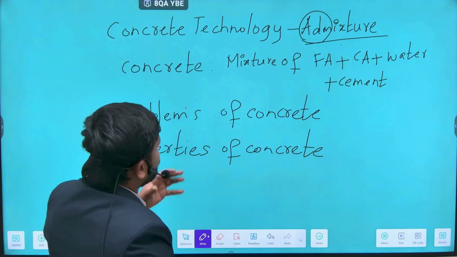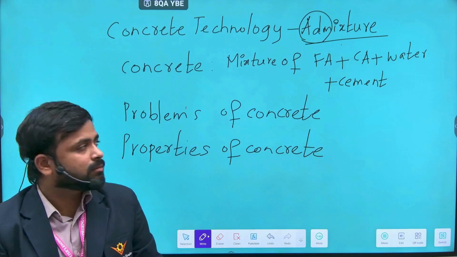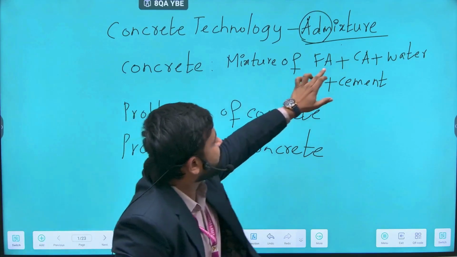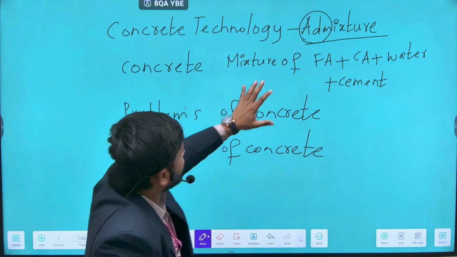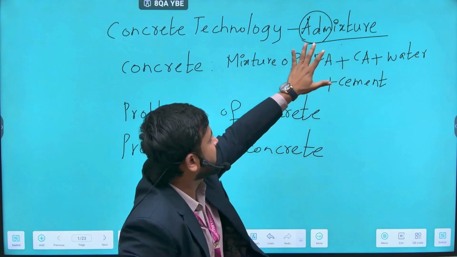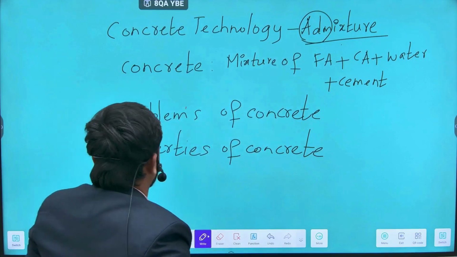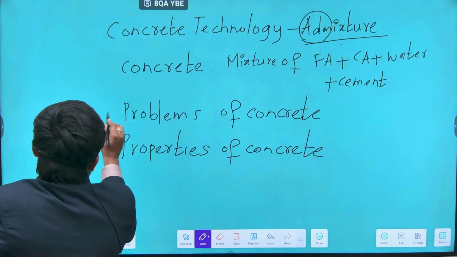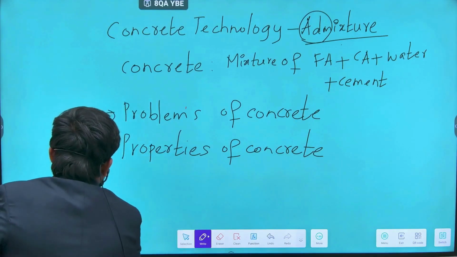So why we are adding some agent to the mixture? The mixture is mixture of fine aggregate, coarse aggregate, water and cement. It is easily we can understand that something is added to the mixture. So what are the problems and what are the properties of concrete?